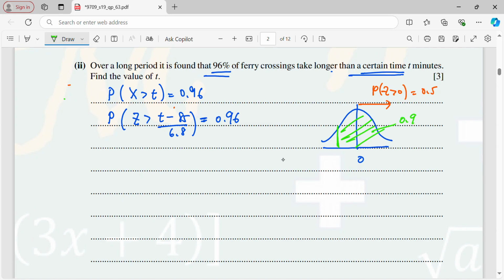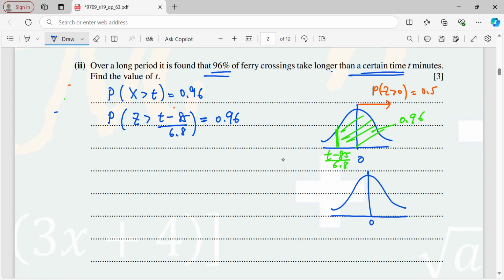So this is my t minus 85 over 6.8. Since your line is on the left-hand side, you are not able to get the probability from the table.